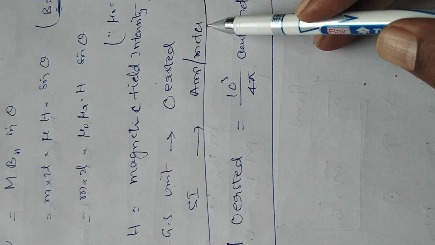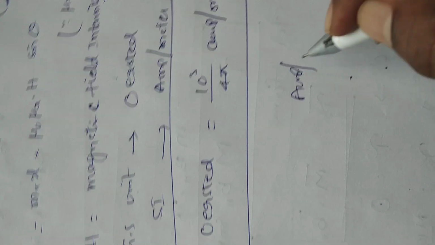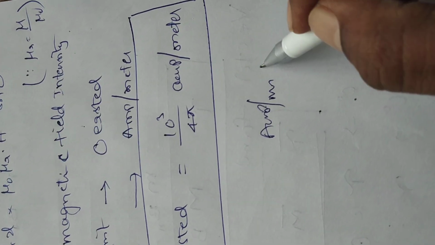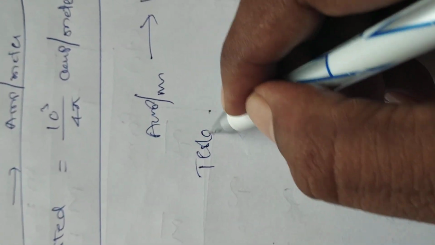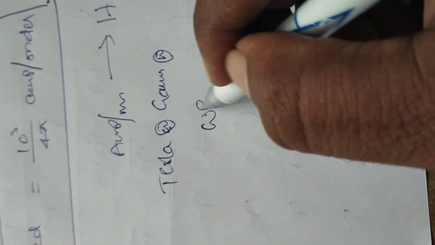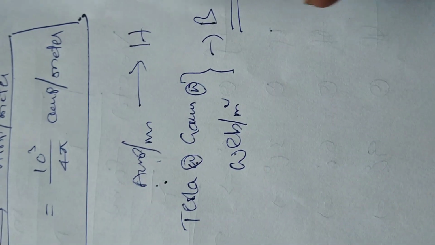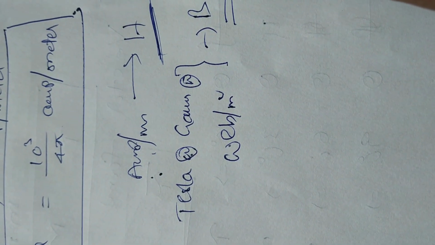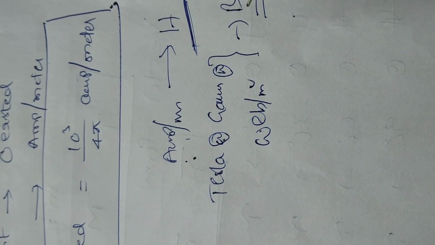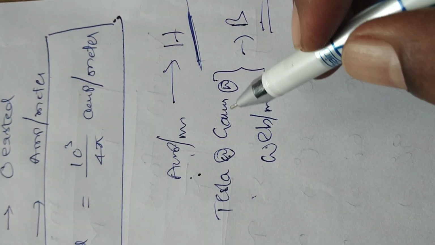While doing the problems, if the magnetic field unit is ampere per meter, it is H. Suppose the unit is either Tesla or Gauss or Weber per meter square, this is B. So in ampere per meter, the given value is H. But while doing the problems, compulsorily the value of B will be taken in Teslas or Gauss or Weber per meter square.